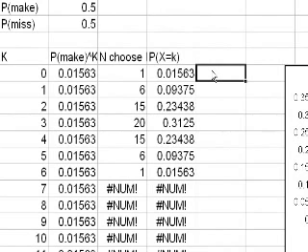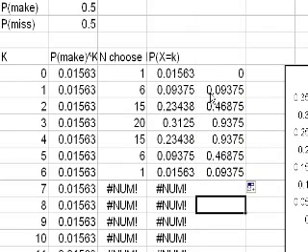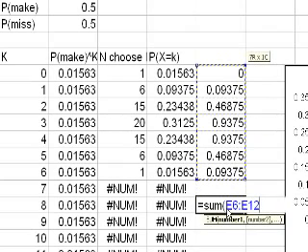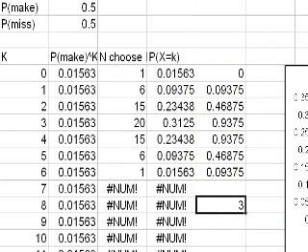So the expected value of the number of heads you get after 6 tosses, so this is 0 times its frequency, and then I'm going to add them all up, 1 times its frequency, 2 times its frequency, and then if I take the sum of all of these, I get exactly 3.